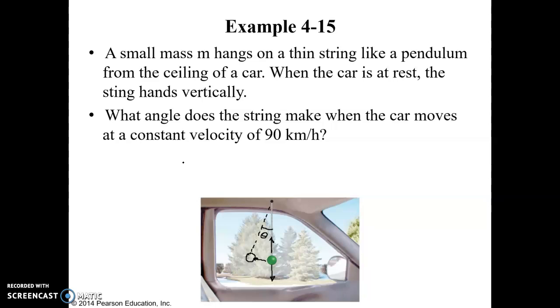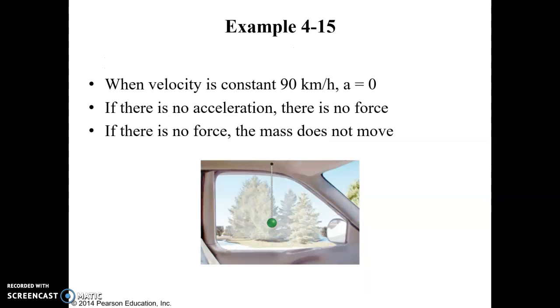The common misconception is that if the car is traveling down the road at 90 kilometers per hour, the ball is going to swing back and be at some angle here. But constant velocity means zero acceleration.